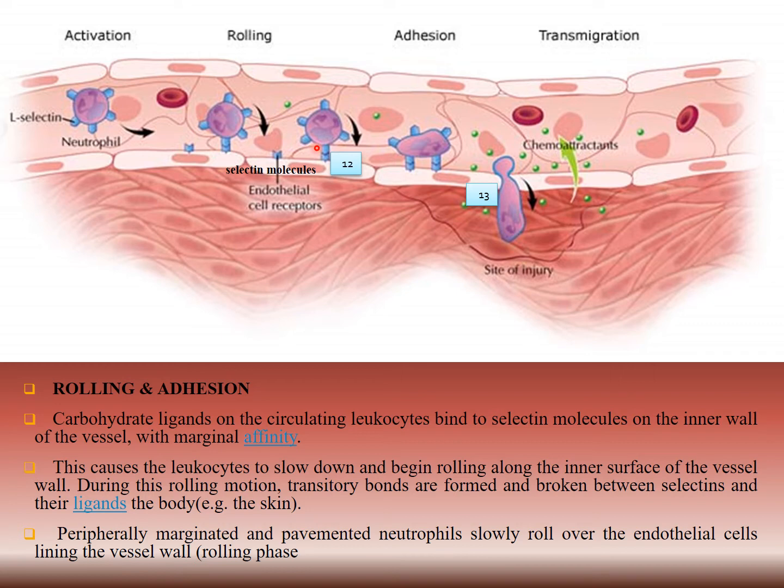So these carbohydrate ligands begin to bind to the selectin molecules. And this causes the leukocyte to slow down and begin rolling along the inner surface of the blood vessel wall.